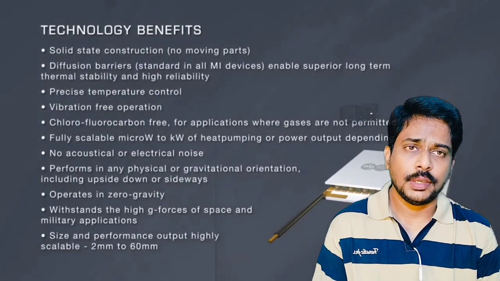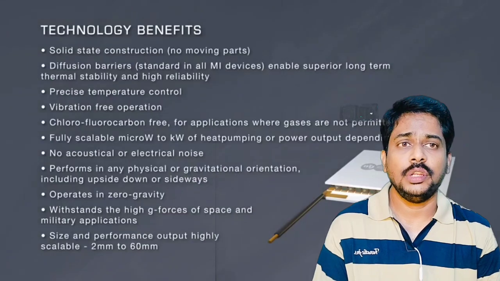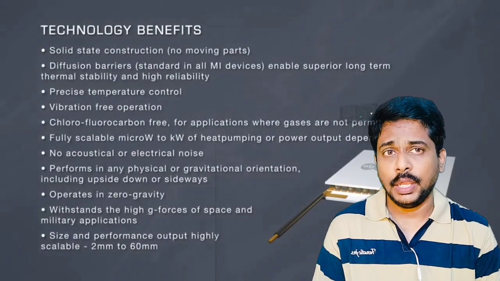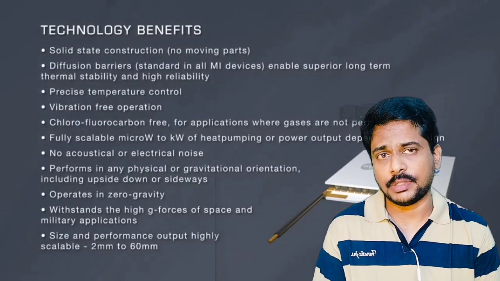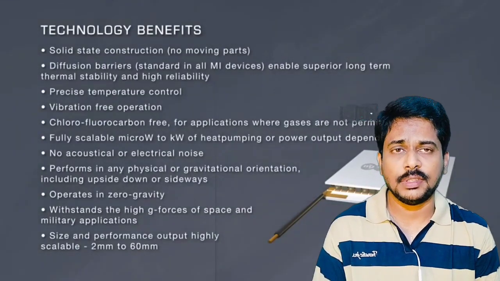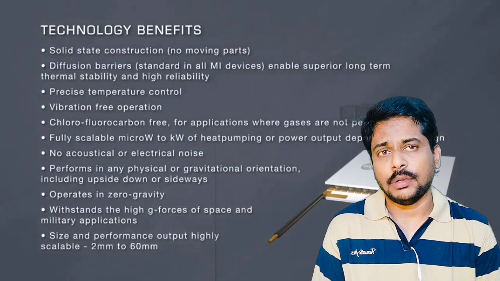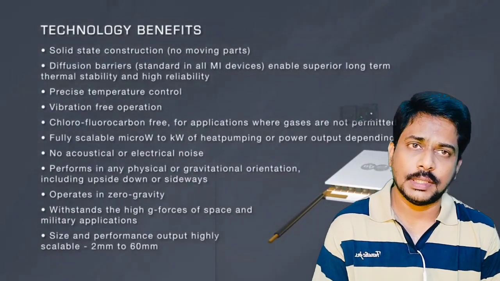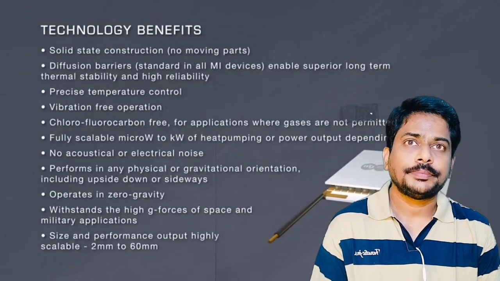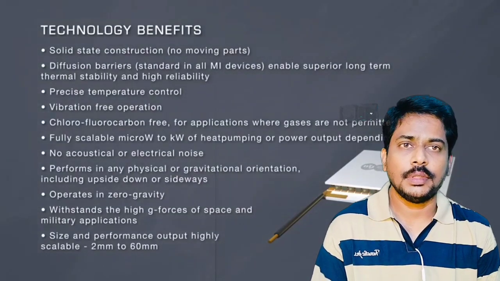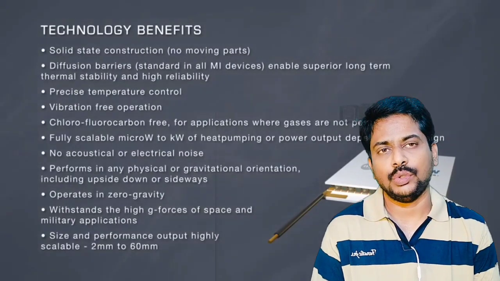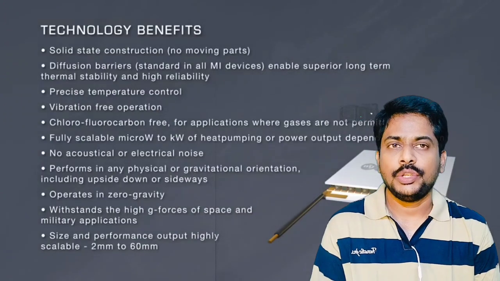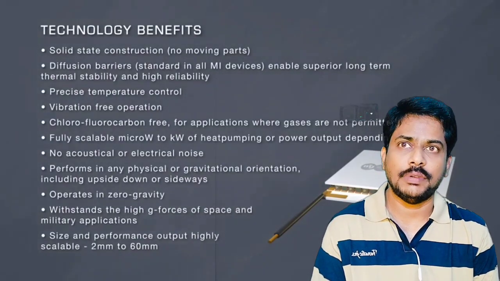Another important thing is you can use it in any direction, upside down or left and right, and gravity has no effect on the transfer of heat from one side to the other. Just as in convection, gravity plays an important role in cooling objects, but in this device, gravity has no role at all in generating the temperature difference. So you can use it in zero gravity as well.